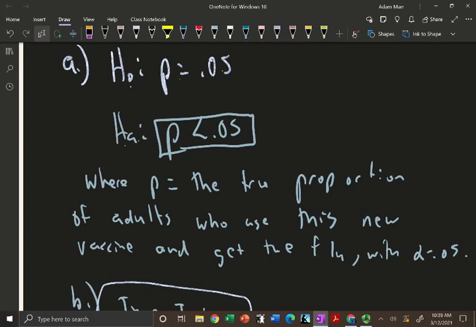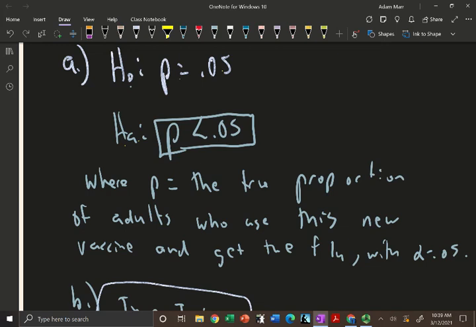I also said alpha equals 0.05. They didn't define that, so you didn't really have to say it since it's not a four-step process, but in a four-step process, you would state that alpha is 0.05.